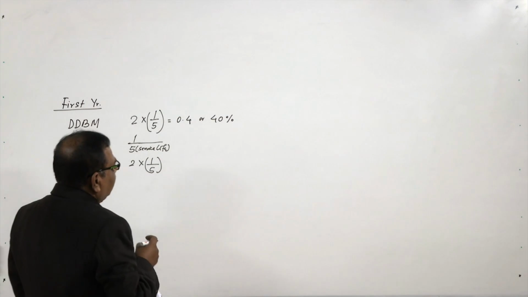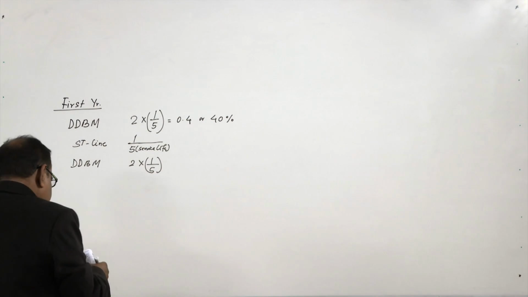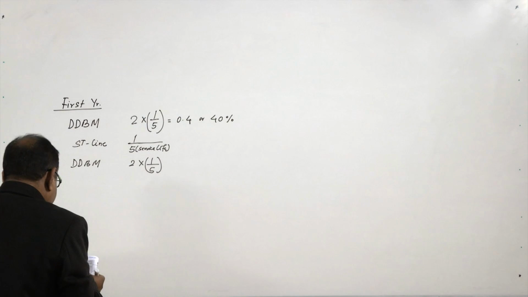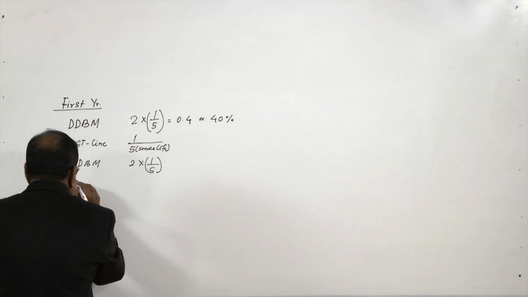The percentage calculated is 40% in the first year, but as we are using the half year convention, it reduces to half.